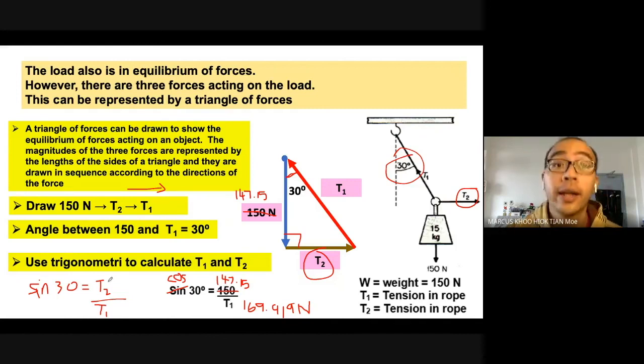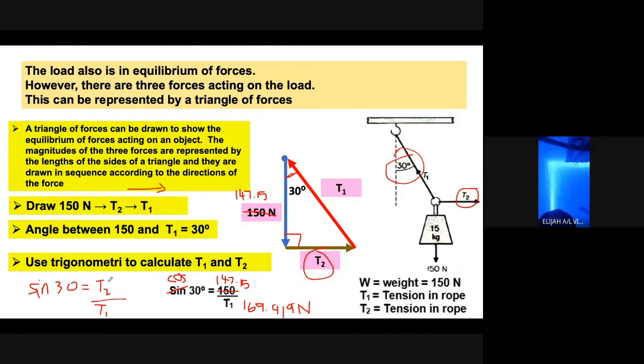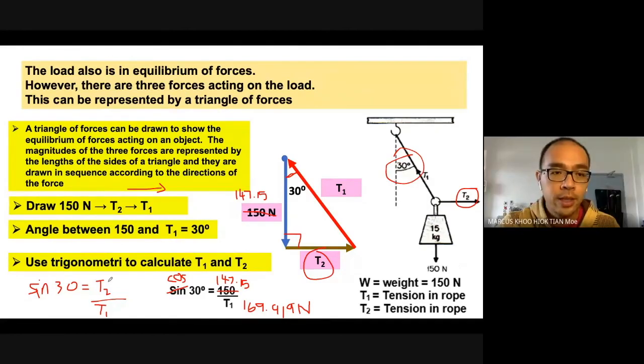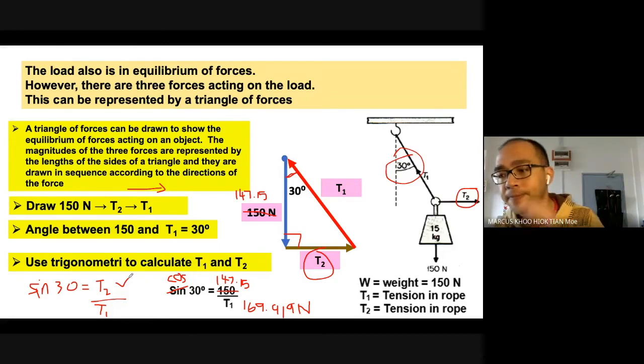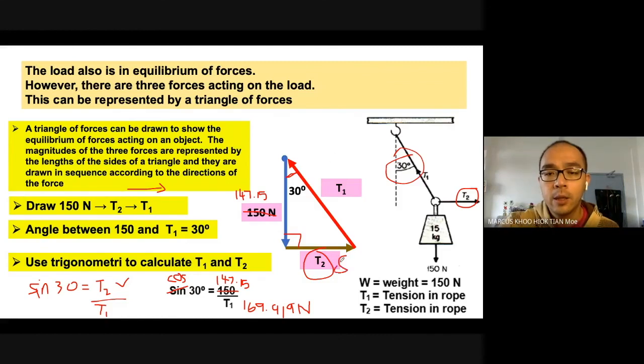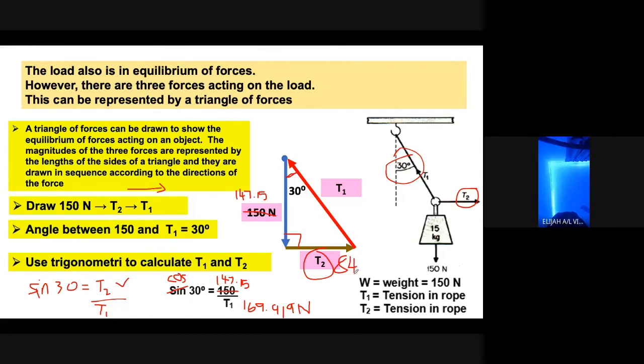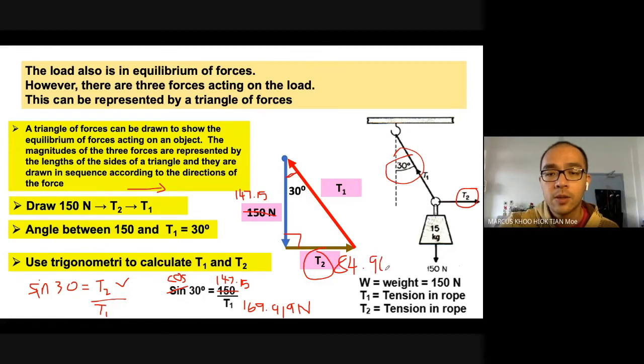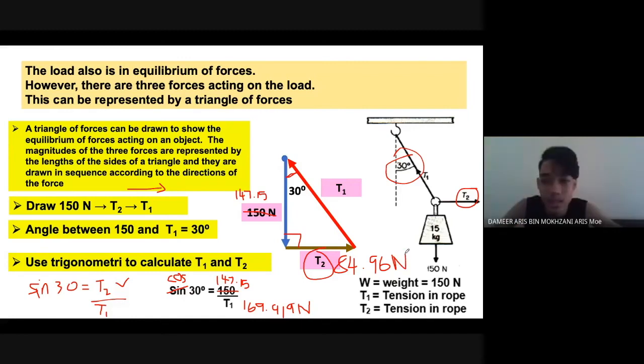I think you will get the same answer, but let's double check that. Elijah, can you calculate for me, please? T2, and Damir, whoever gets it first, just say your answer. 84.96. Okay, 84.96 if we use this method. How about you, Damir? If you use Pythagoras theorem, can? According to Elijah, this answer is 84.96. 84.96. Right, Damir? Correct. Same? Okay. Same.